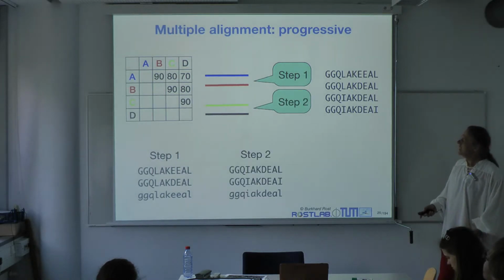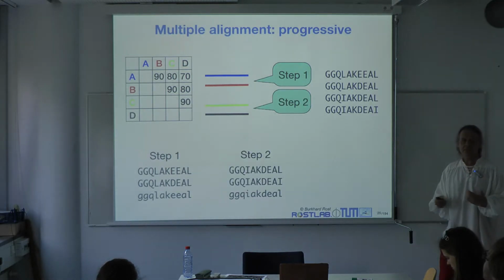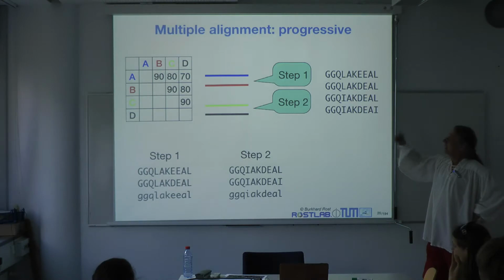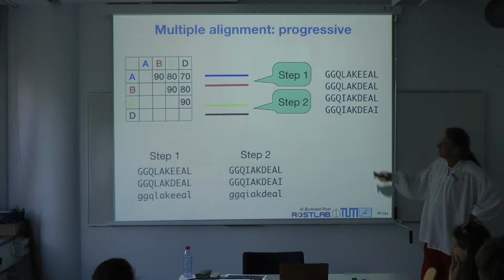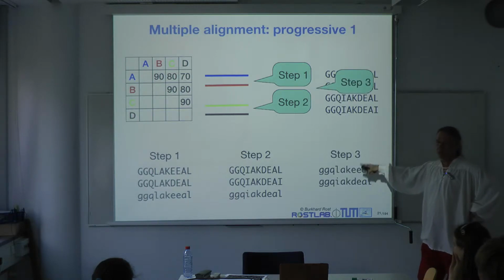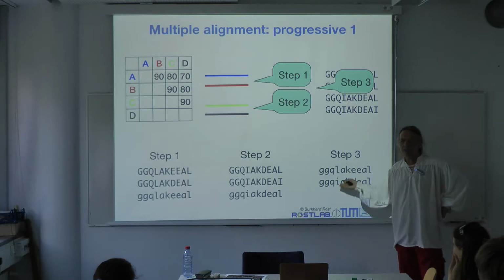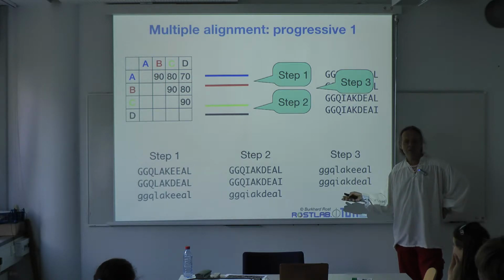Now, in the next step, you may choose the next most similar pair. Here, proteins. You align these two the same way, create a consensus sequence, and then obviously the next step is a pairwise alignment of the 2 consensus sequences. This is one way of doing it. Do you see another way of doing it?